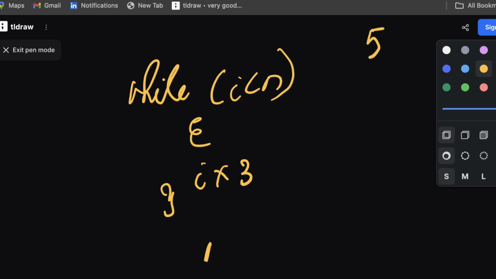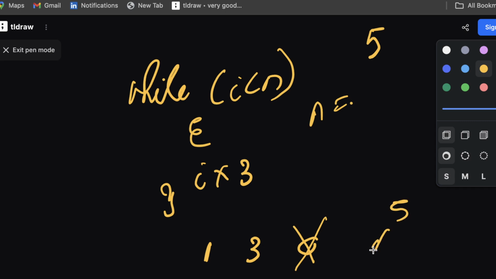How many times am I iterating? When n is 5, first i is 1, then it is going to get 3, and then 9 is going to fail.